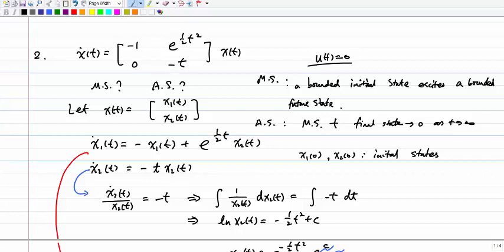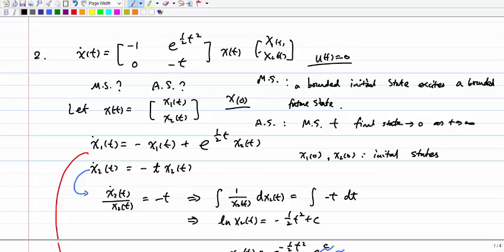Assuming I have some initial state x(0), this is a 2 by 2 matrix, so x must be 2-dimensional, a vector x1(t), x2(t).